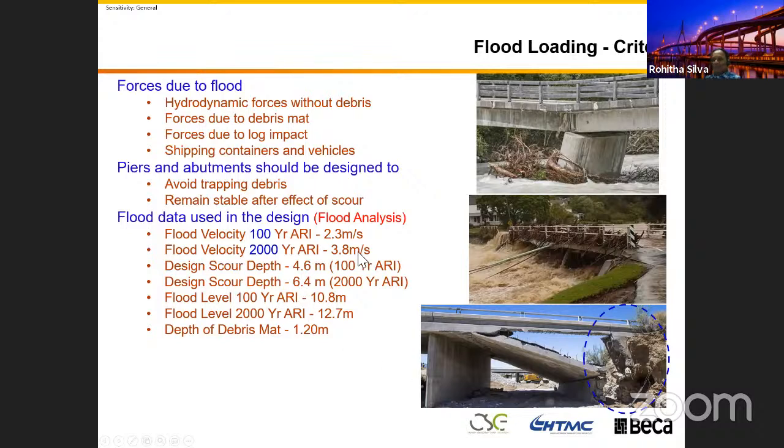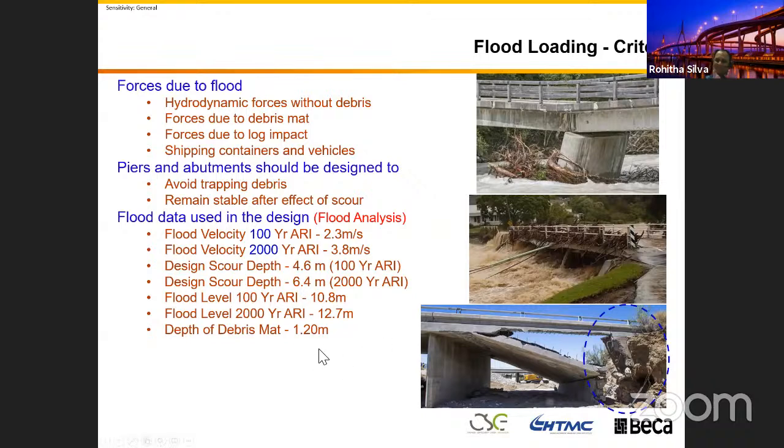So you need the velocities, you need the cover depth, and then you need the flood levels. You need to know where these flood levels are relative to your bridge. And if you have that information, then you can design your bridge for the flood loading.